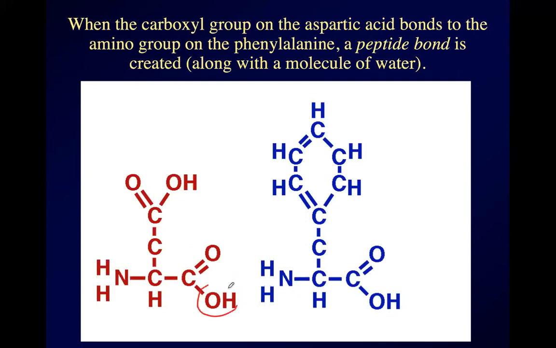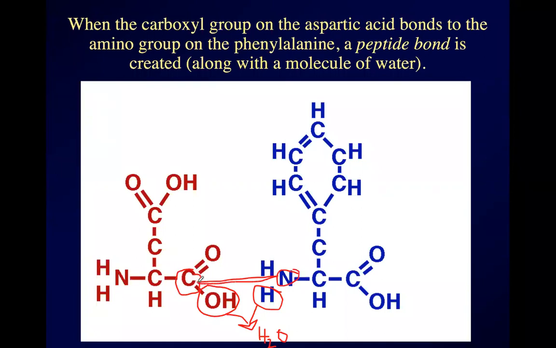This oxygen and hydrogen falls off, this hydrogen falls off, and they actually come together and form a molecule of 2 hydrogens and 1 oxygen, otherwise known as H2O, aka water. You actually make a molecule of water every time your cell does this. And then a new bond forms between this carbon over here and this nitrogen over there.